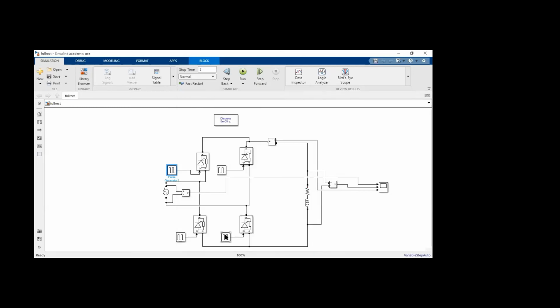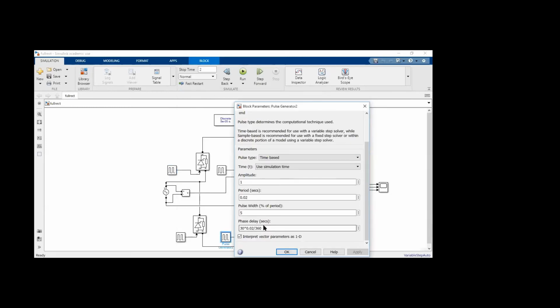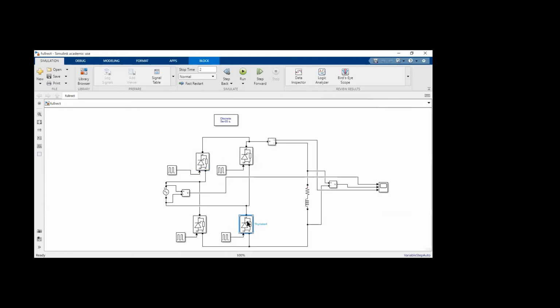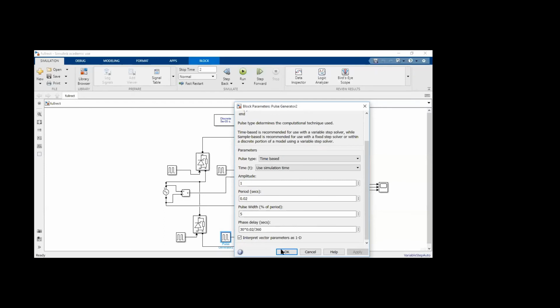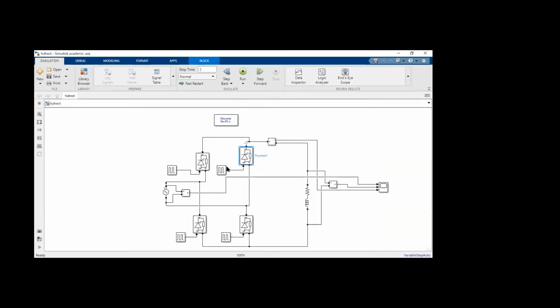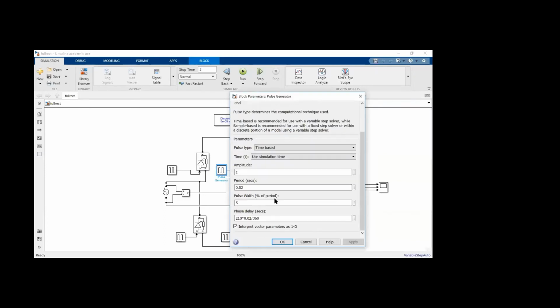The fourth one is also conducting at the same time, so 1 and 4 will be given the same pulse, 30 only. Whereas the second one will be conducting after 180 degrees. So 180 plus 30, how much will it be?